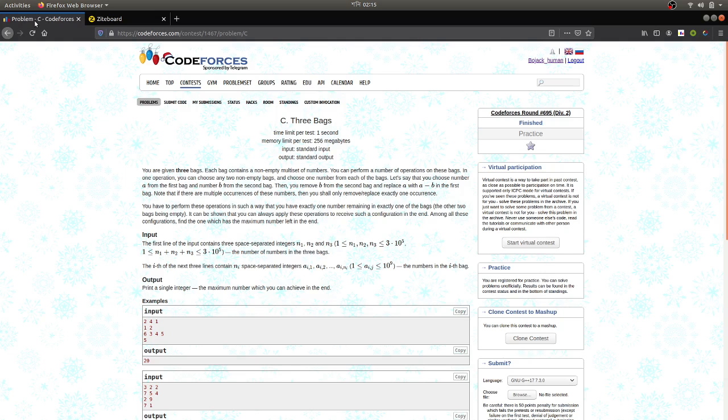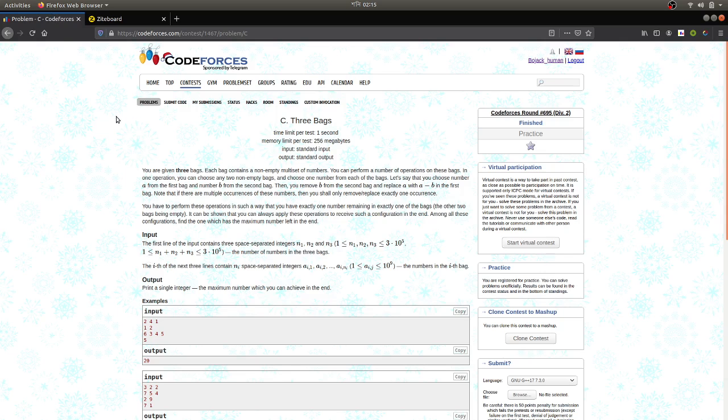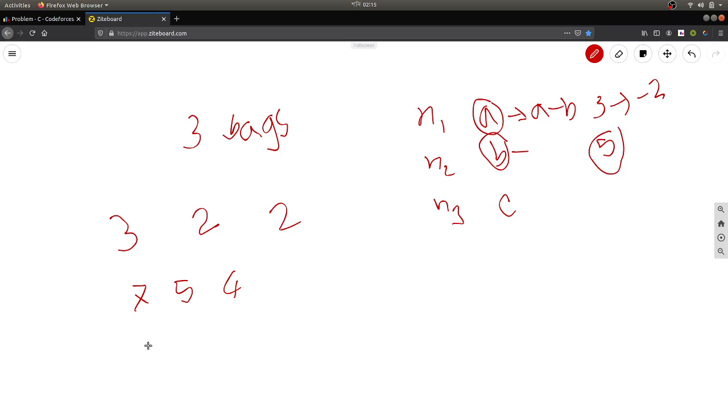The items are 7, 5, 4, and 2, 9, and 7, 1. Let me sort it and write it: 4, 5, 7, 2, 9 and 1, 7.